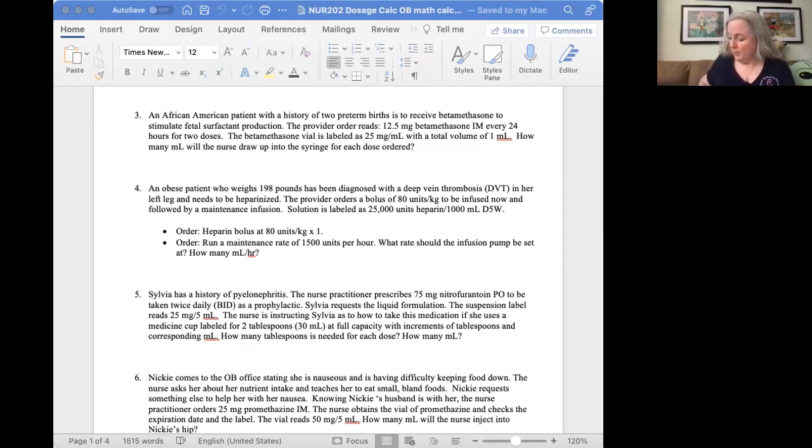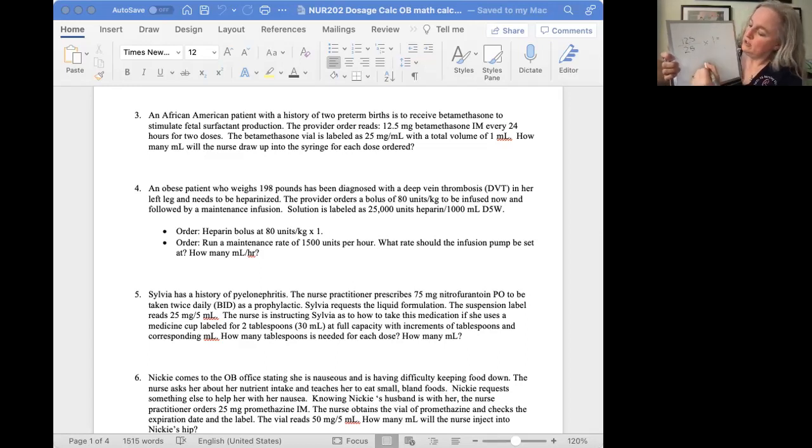So for this problem, we are going to use the formula of what we want over what we have times the quantity that it's in. So for this patient, we want 12.5 milligrams. What we have is 25 milligrams, and the quantity it's in is 1 mL.